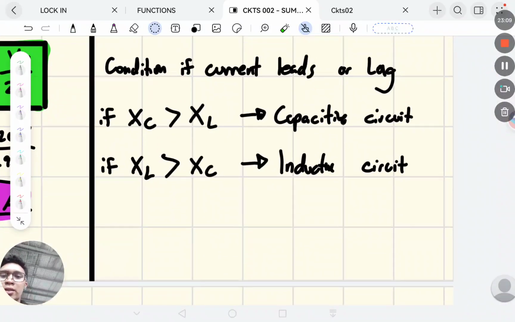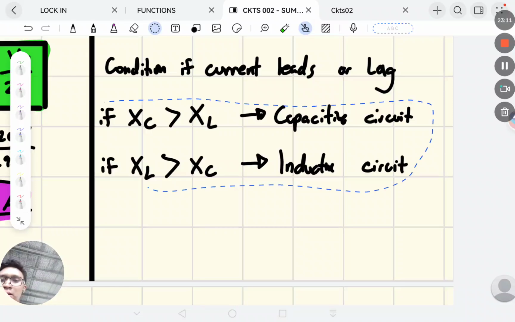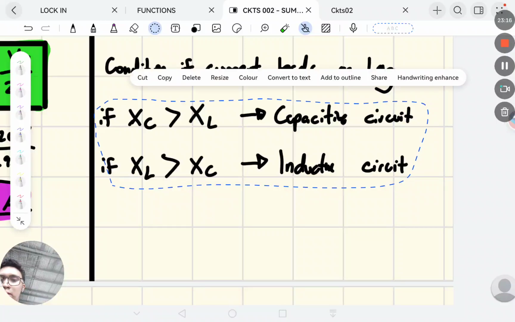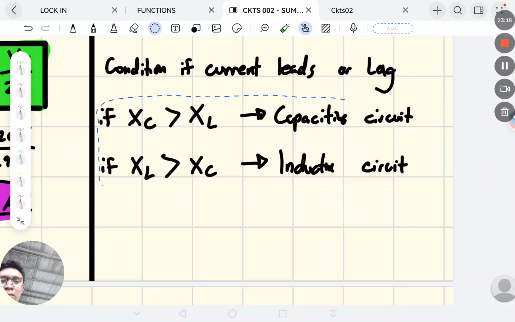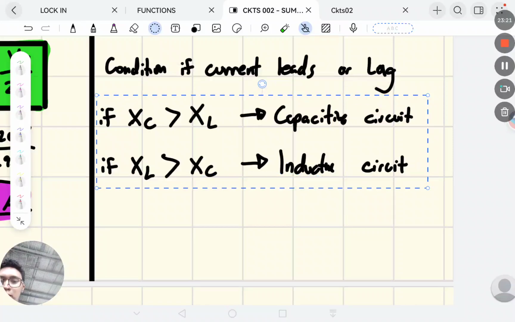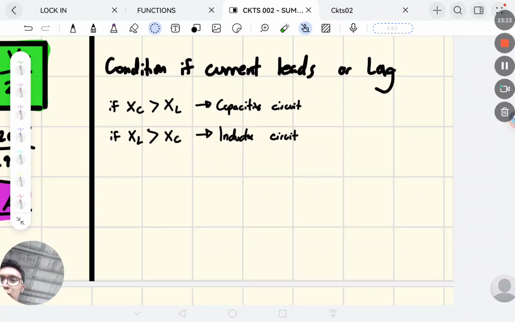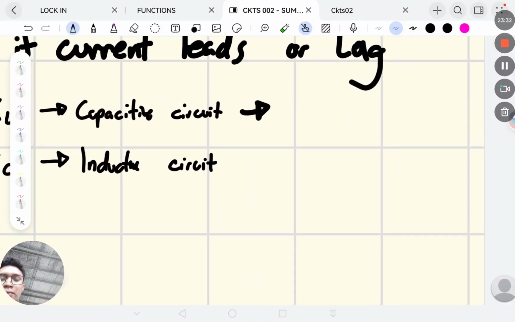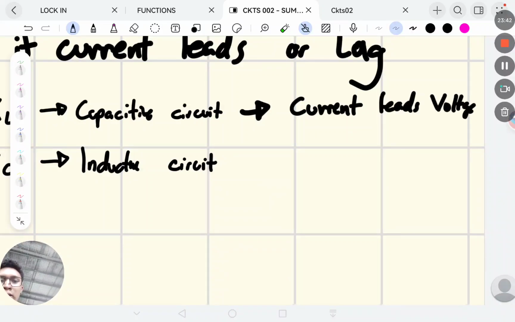Ano naman? Anong sense niya? If it's a capacitive circuit, current leads voltage.